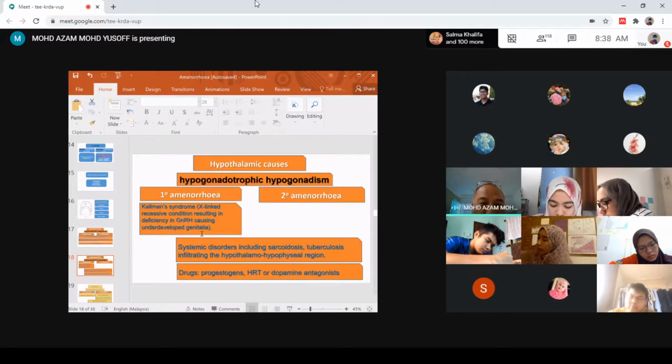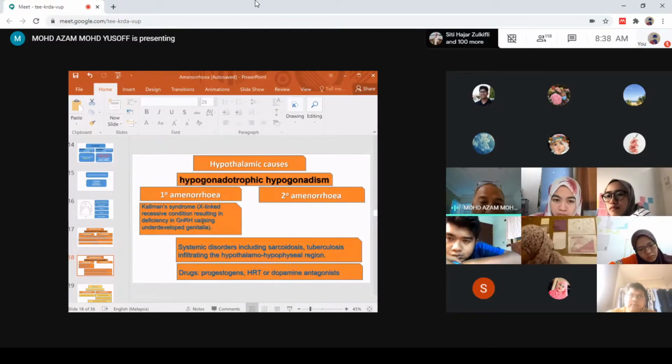Systemic disorders, sarcoidosis, tuberculosis, all these involve both primary and secondary, but more towards secondary. Drugs, progestogen, HRT, dopamine antagonists are more towards primary amenorrhea because very rarely do we give kids this type of drugs.